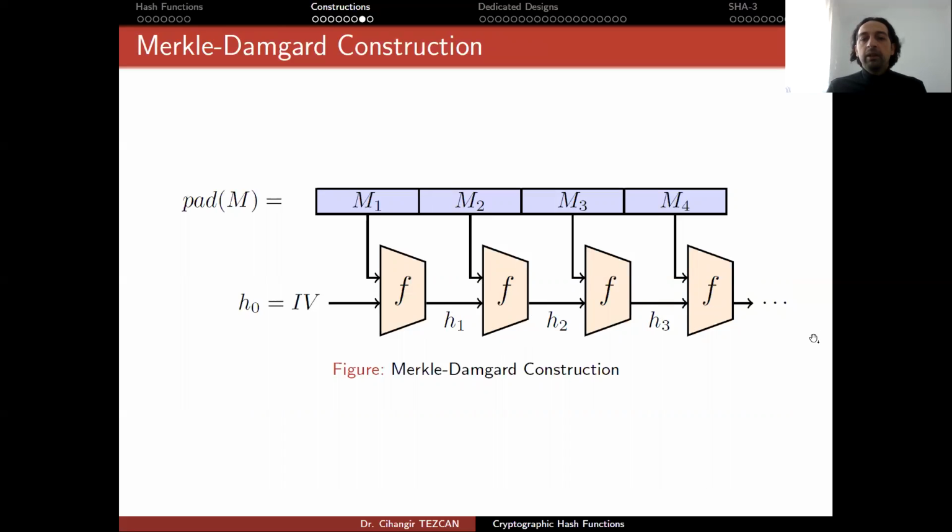This is how the Merkle-Damgard construction works. It all depends on how you define this F function. Soon we will see examples of these constructions; MD4, MD5, SHA-1, RIPEMD, and SHA-2 are examples of the Merkle-Damgard construction, which we'll be seeing in our next video.